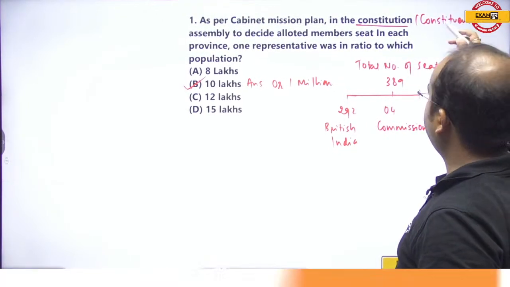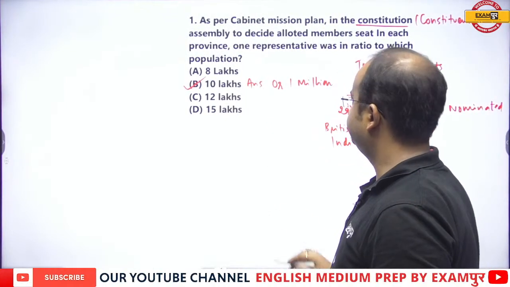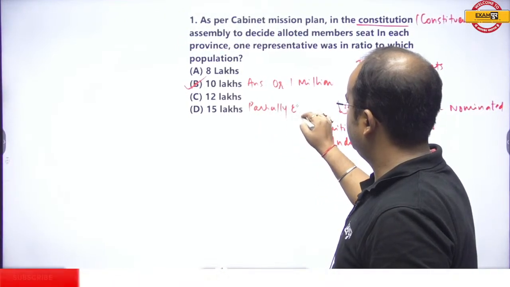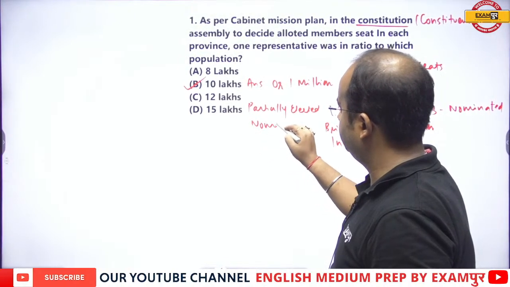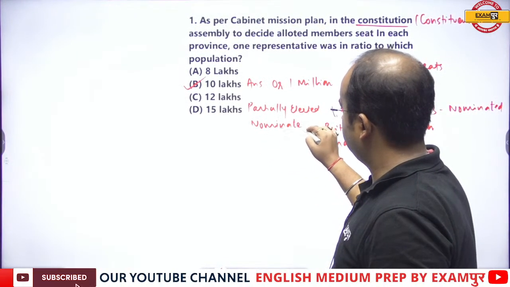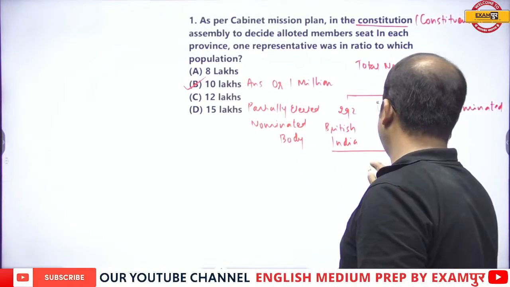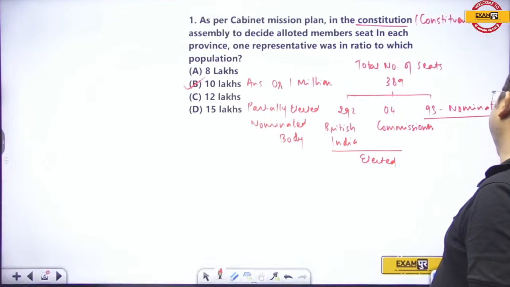So it was a partially elected and partially nominated body, because these two were elected and this was nominated.